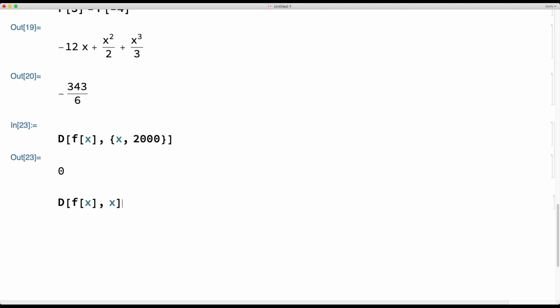I want to know when that thing is equal to 0, solve for x. You see how I put two of these things together? D of f of x is a function, and then I built an equation out of it by setting it equal to 0 and saying, hey, Mathematica, could you solve this for me, please?